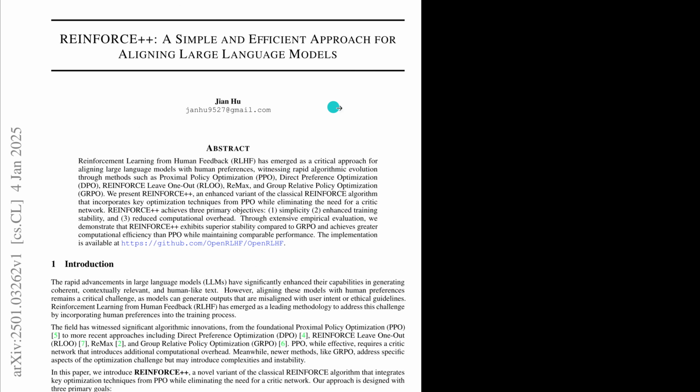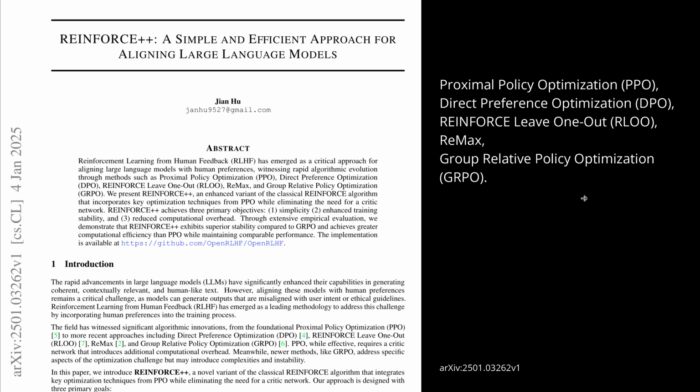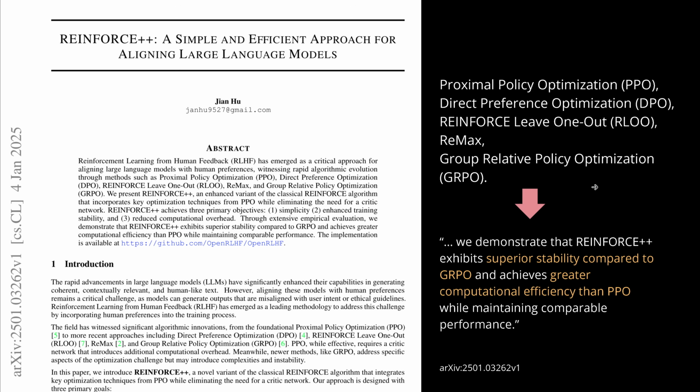If you want to see the complete paper, this is from the beginning of January 2025: REINFORCE++, a simple and efficient approach for aligning LLMs. Great. You even have it available on GitHub. So they say, hey, great. We know PPO, we know direct preference optimization DPO, we know ReMax, whatever. And from DeepSeek R1, we now have the group relative policy optimization GRPO. They say, you know what?